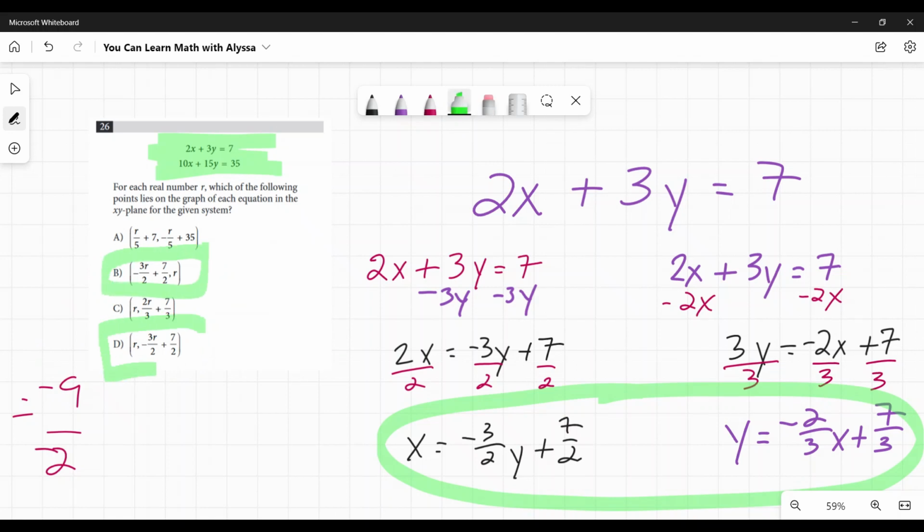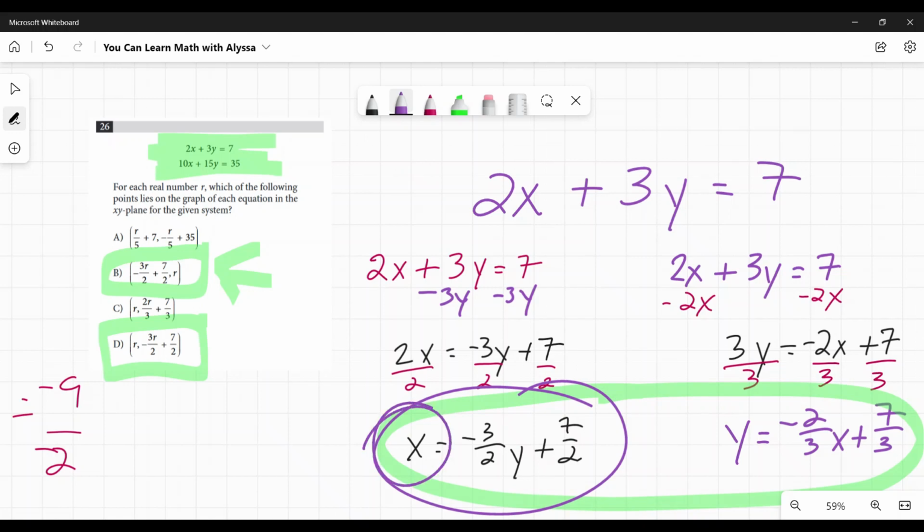And what are these actually saying? They're saying if I have a number, any number, R, this one is saying if my Y value is R, then my X value would be negative 3R over 2 plus 7 over 2. Look at this equation right here. This is saying that for every value of y, x is equal to negative 3 halves times the y plus 7 halves.